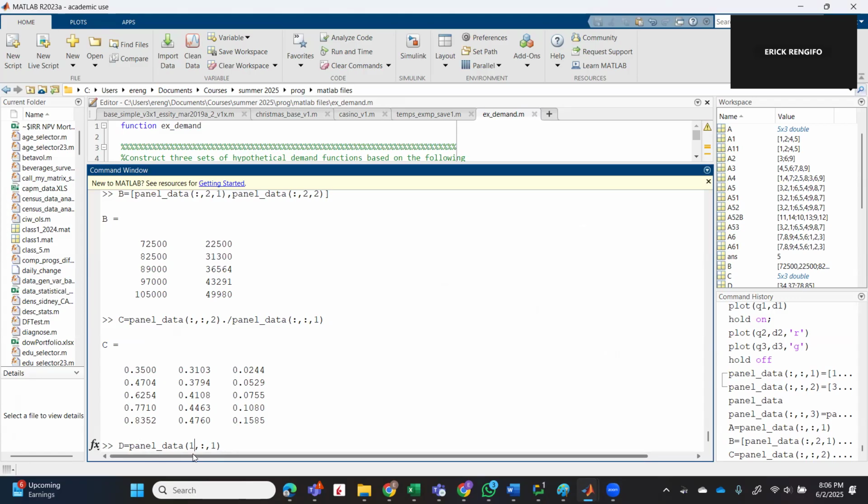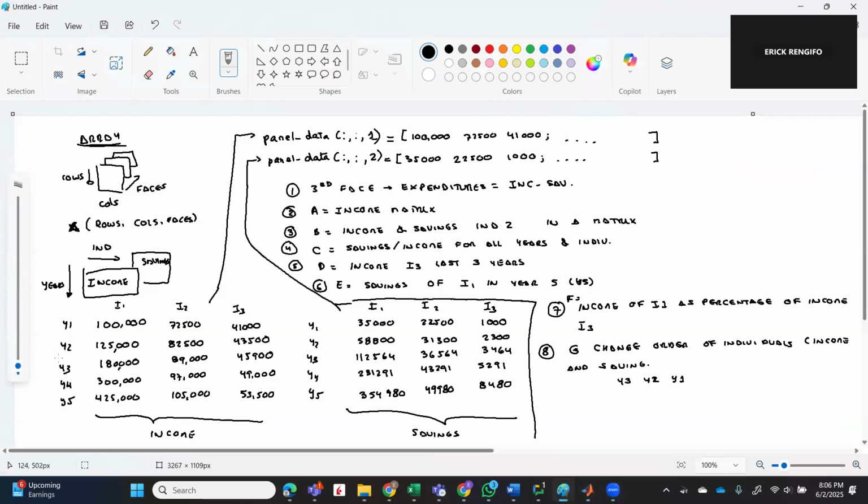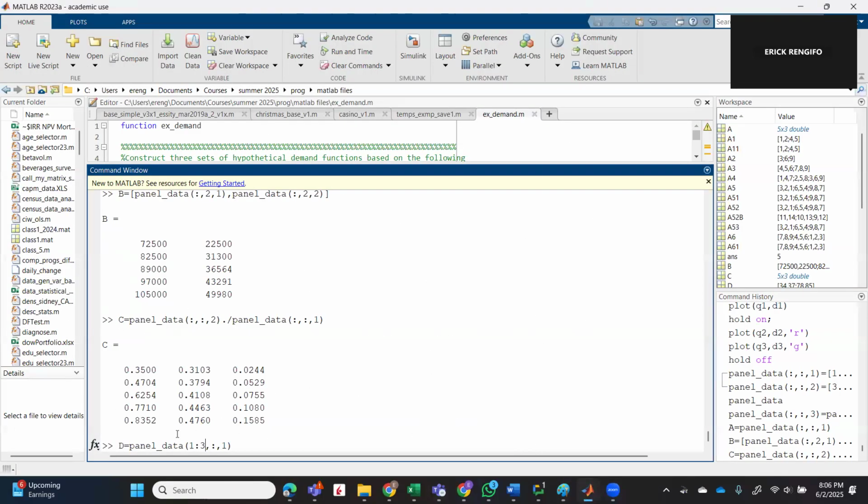1:3? Okay, the last 3 years, wait a second. So the last 3 years are these ones. So it's 3:5, column 5, I think, right? Yeah.